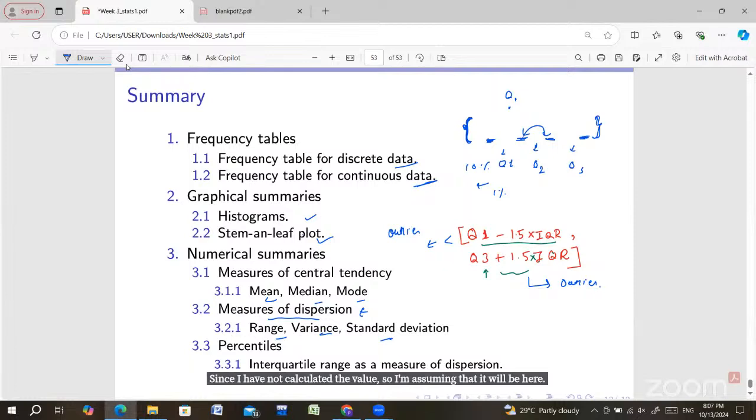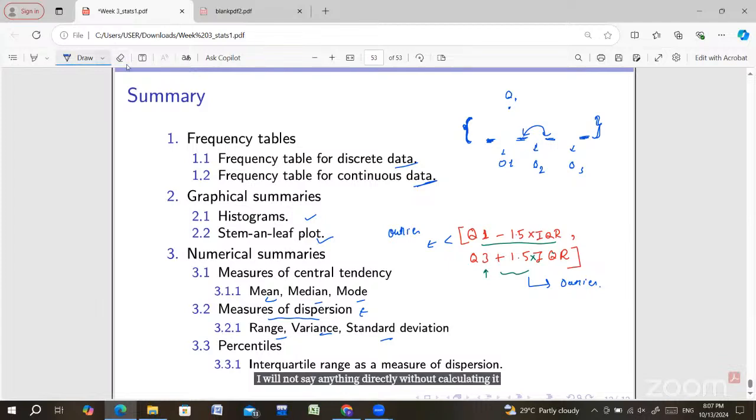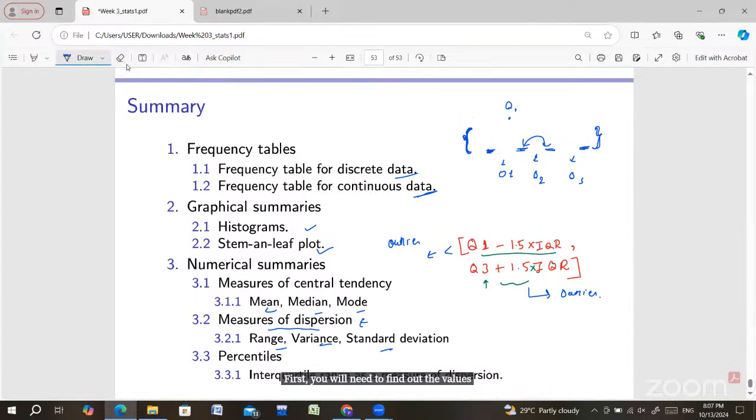So 10% will contain, I think, only one value. Actually, you will have to see it because it's a very small data set. I will not say anything directly without calculating. First, you need to find out the values, then calculate and see.